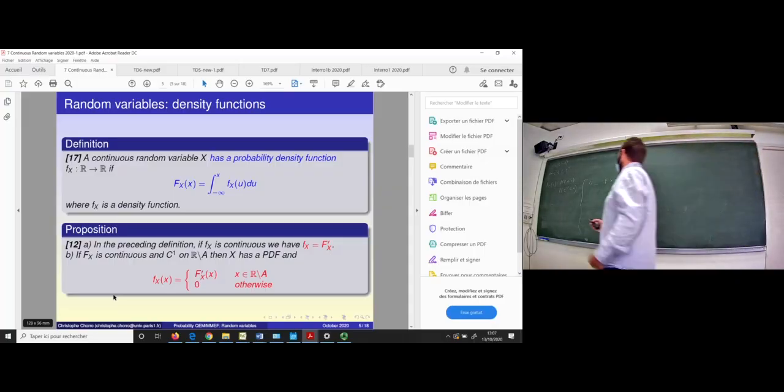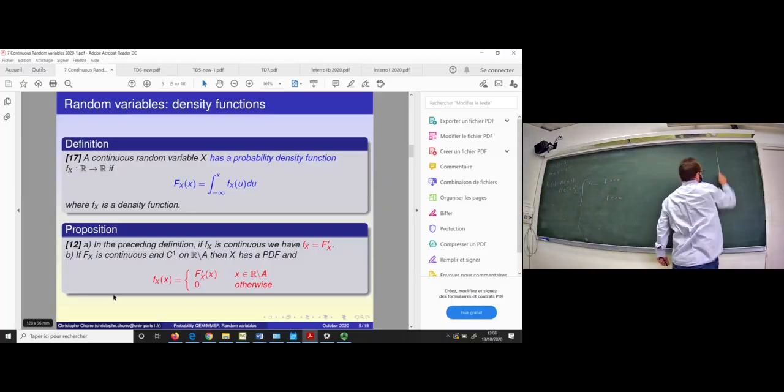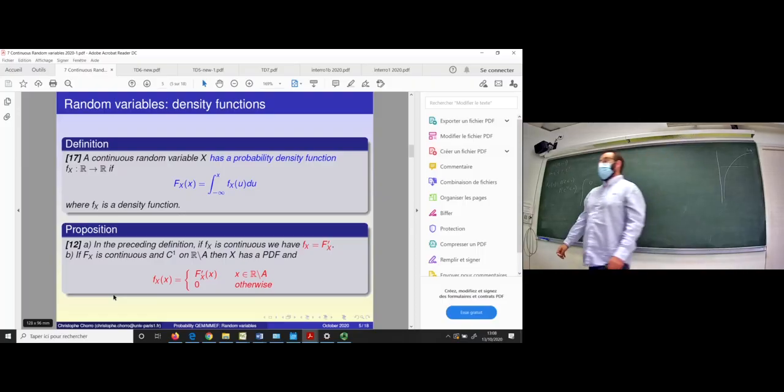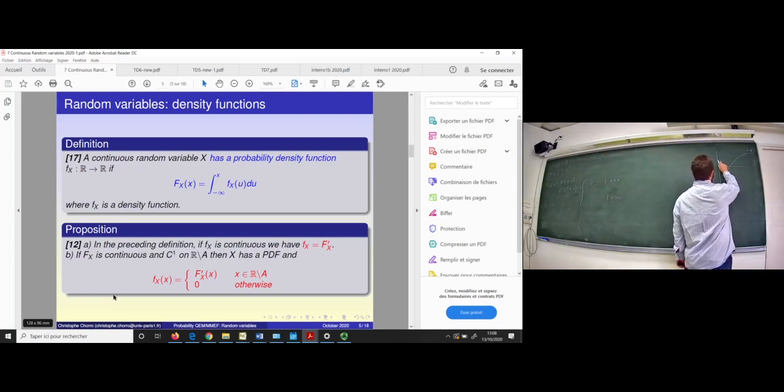Okay? So if I am in the case where x is strictly positive, I have the logarithm defined this way. That is the inverse of the exponential on R plus star, okay? The exponential being this one.